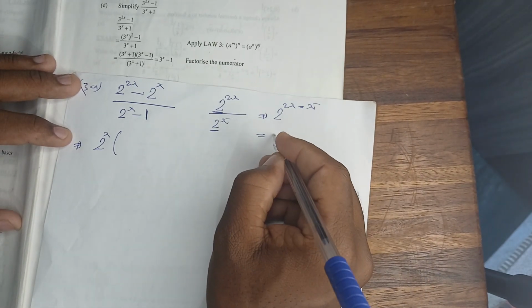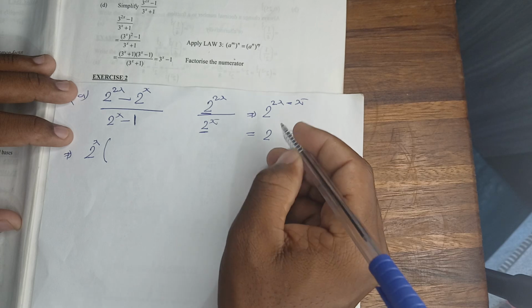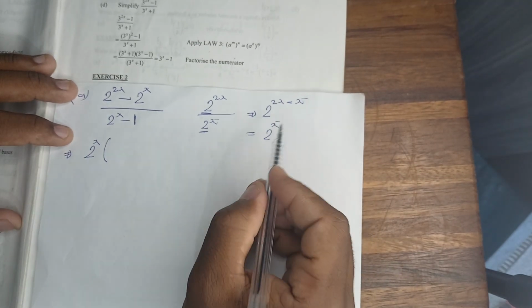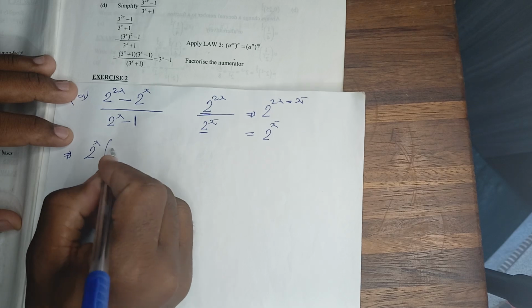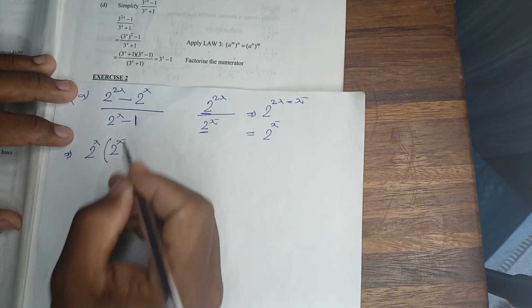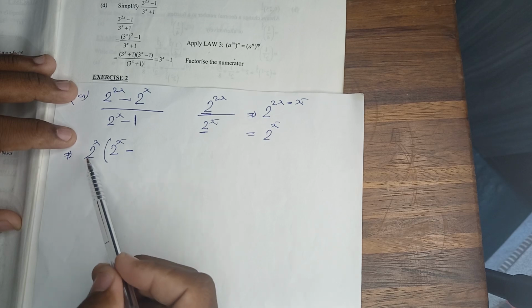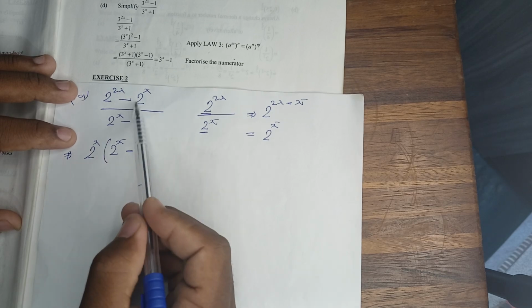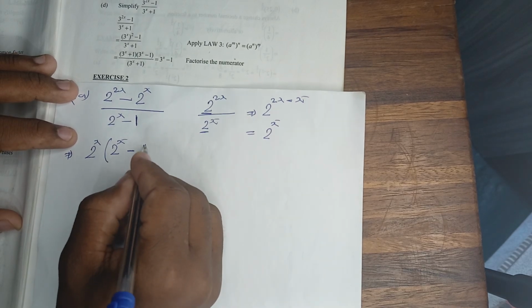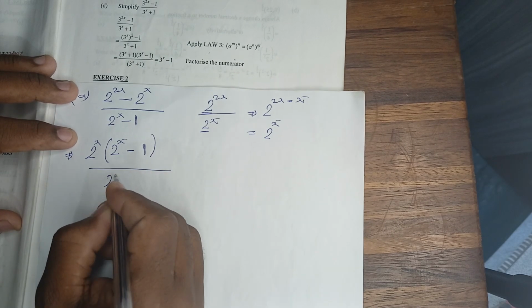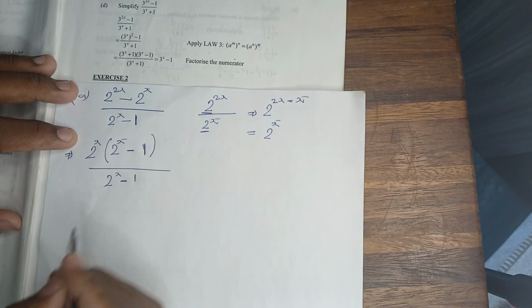So I'm going to be left with 2 to the exponent x, since 2x minus x leaves x. So I'll be left with 2 to the exponent x here, minus, then I'm going to say how many times does 2 to the exponent x go into 2 to the exponent x? It goes 1, which is once. Then I close my bracket, divided by 2 to the exponent x minus 1.